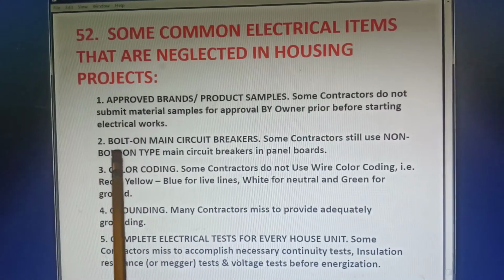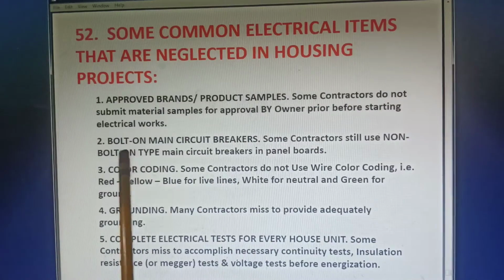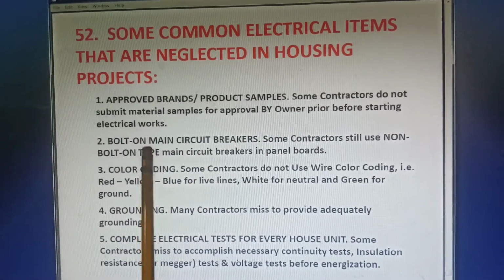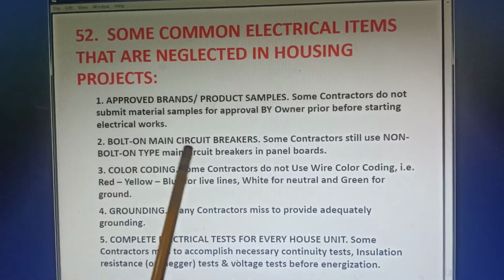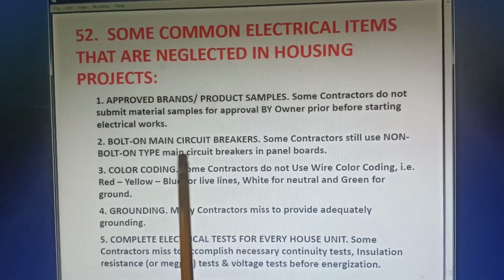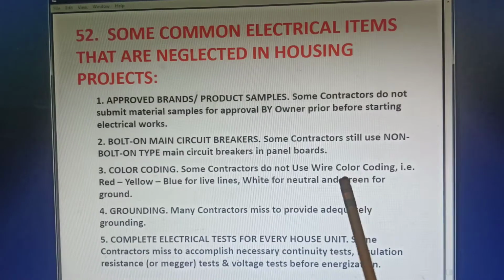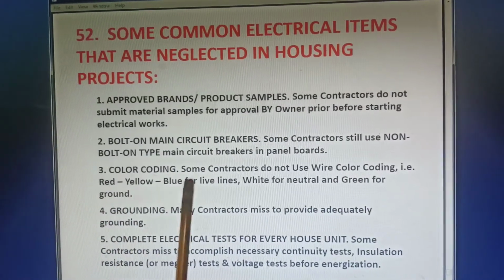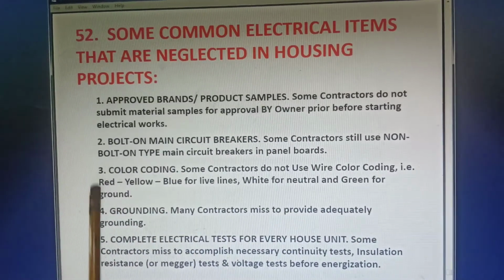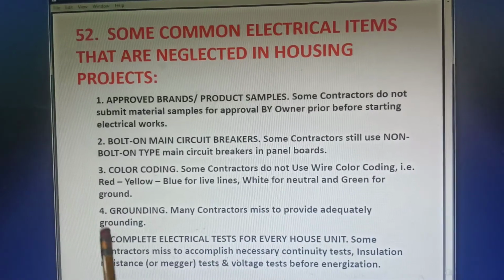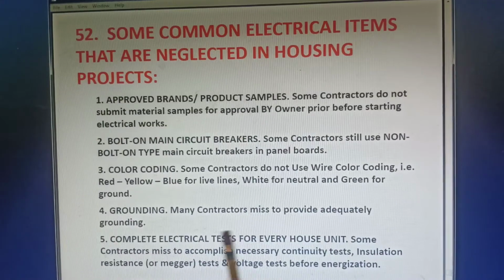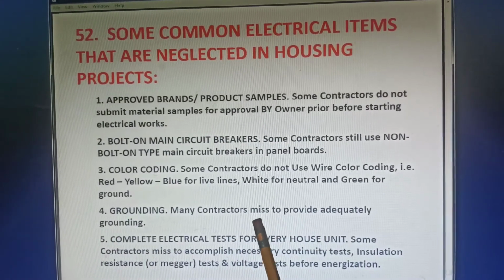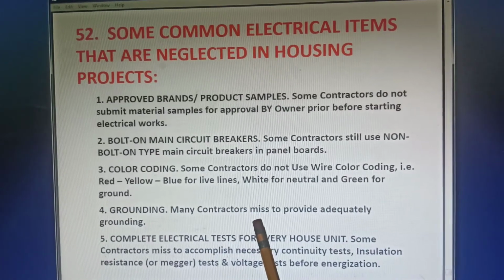Number two, as we discussed earlier in one of the earlier parts of this seminar, a bolt-on main circuit breaker should be used instead of the plug-in type. Number three, as much as possible, color coding of wire should be adhered to. Number four, grounding, because in the electrical cooperatives, they have this line to neutral or line to ground system.